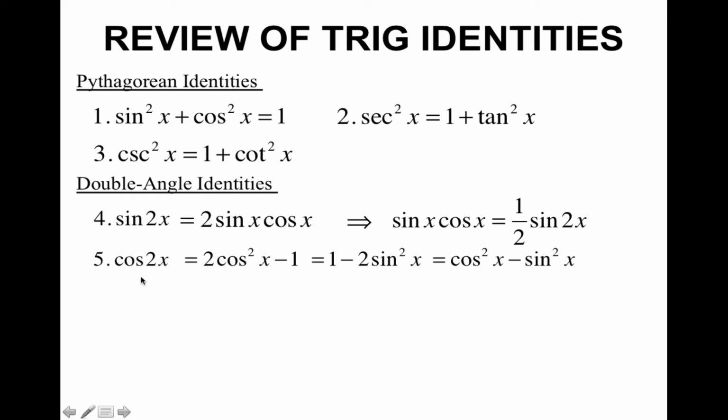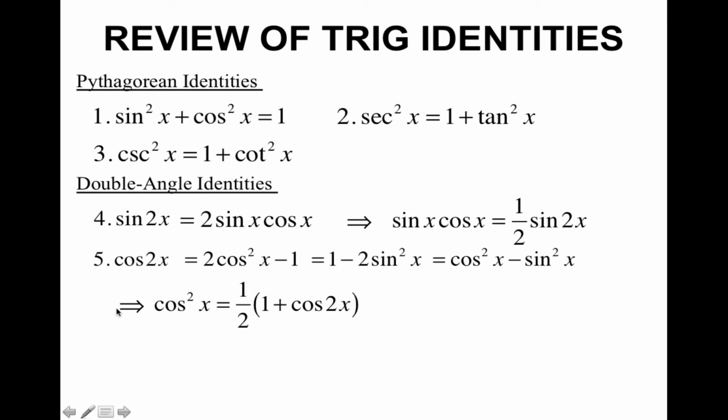Then we have the good old cosine 2x, which has 3 different forms. Cosine 2x can either equal 2 times cosine squared x minus 1, or it could equal 1 minus 2 sine squared x, or it can equal cosine squared x minus sine squared x.